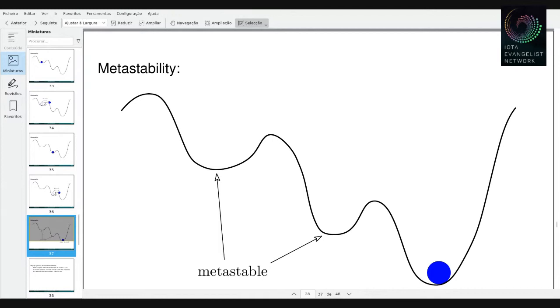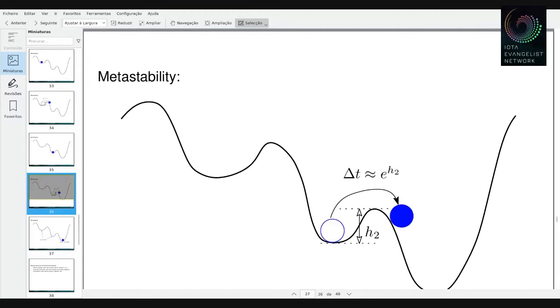You can say that it's something known in physics as the ground state. It's not completely 100% correct, but you can call it so if you want. And so these two are metastable states. You will eventually come out of there, but you will spend a lot of time there because exponential is really a lot.